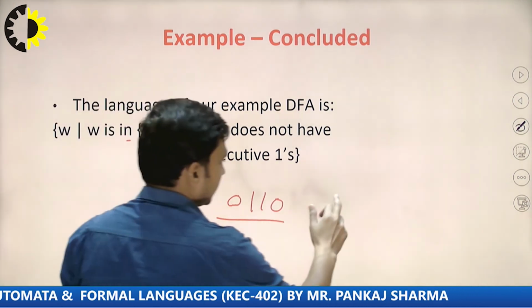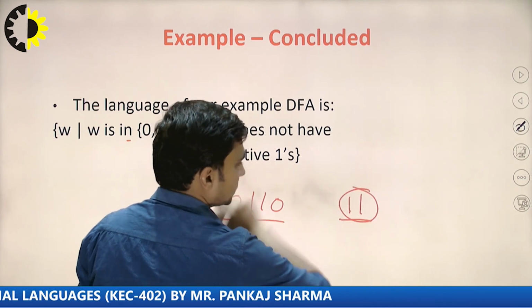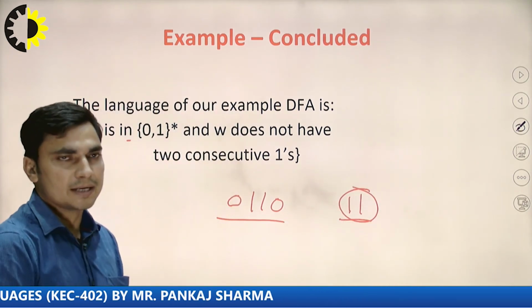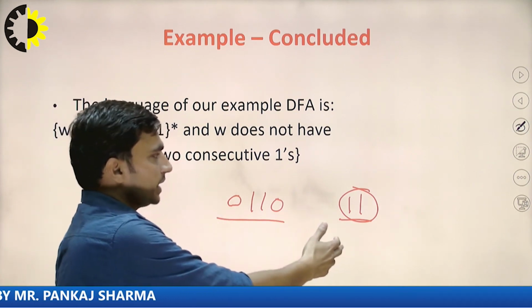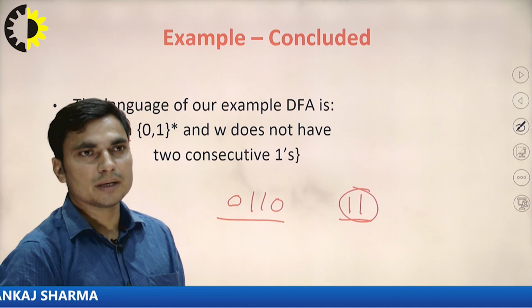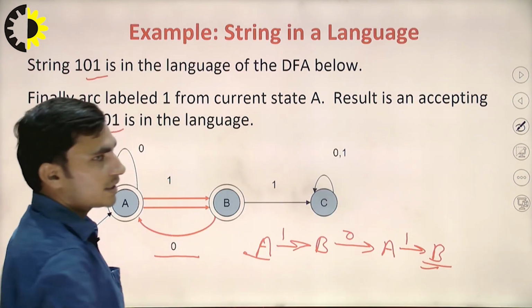Or if we have 11, every string which has this kind of sequence at any position will not be accepted by this DFA. So this DFA will not accept such kinds of strings.